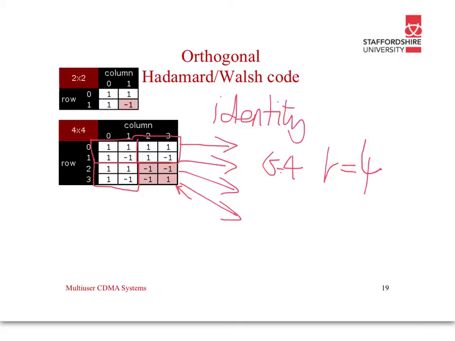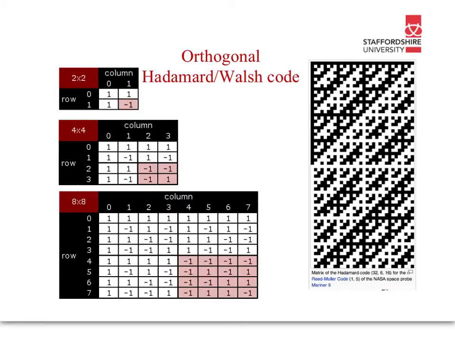We could do this again for an 8x8 matrix, so we copy the entire 4x4 matrix up here, and we follow the same procedure, copying it there and copying it in the bottom left hand corner, and then this is the inverse. So this is the 8x8 matrix, so we could have a maximum of 8 users. Obviously we don't have to use all of the rows, but the spreading gain would be 8.